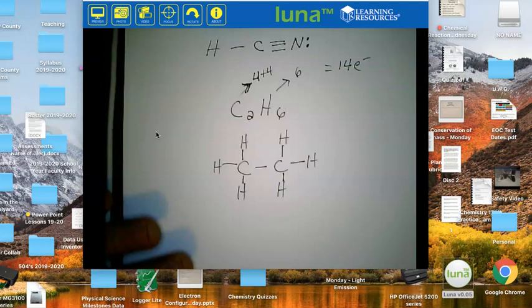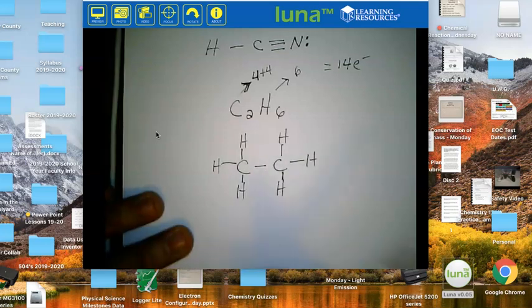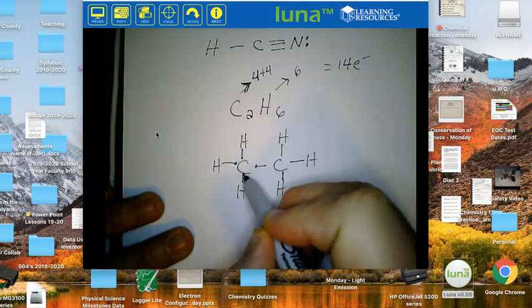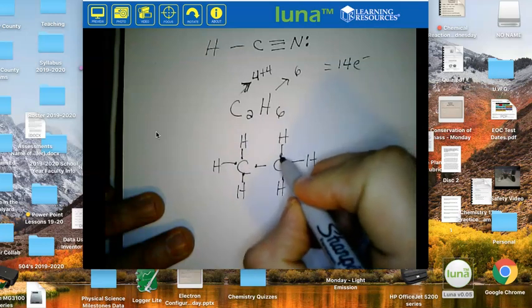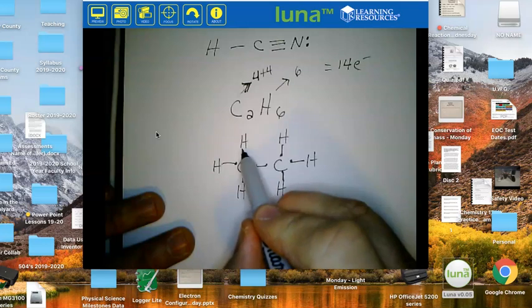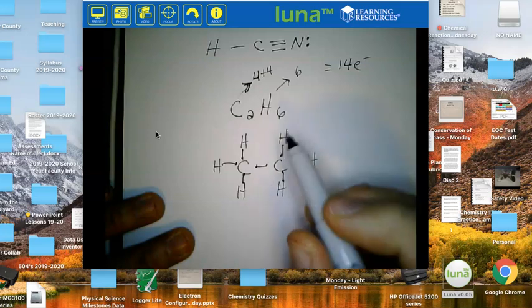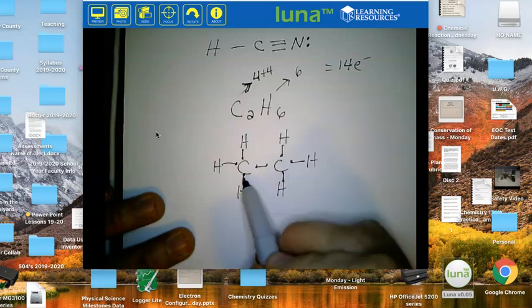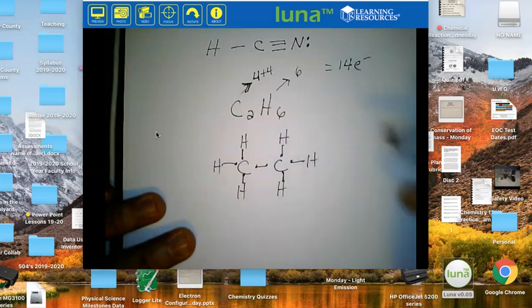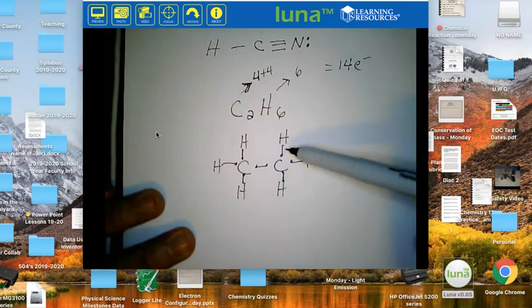All right, so let's see if that's the case. We see every carbon atom here, 1, 2, 3, 4. There's its 4 electrons there. And then hydrogen, 1, 2, 3, 4, 5, 6, so there's 6 total there, all for hydrogen. Carbon has 8 electrons around it, 2, 4, 6, 8, so that satisfies the octet rule.